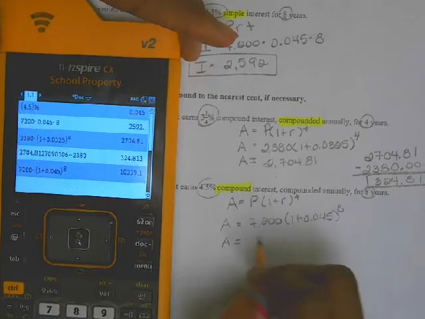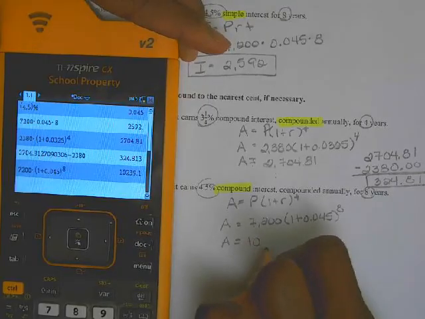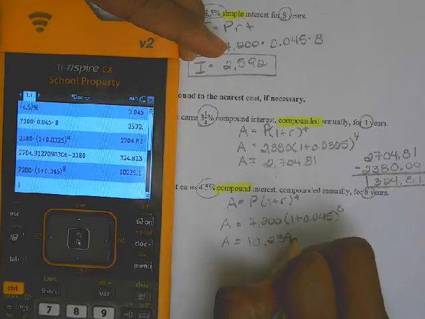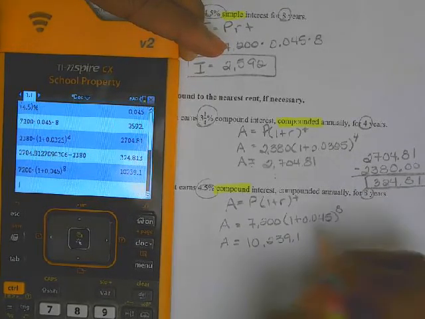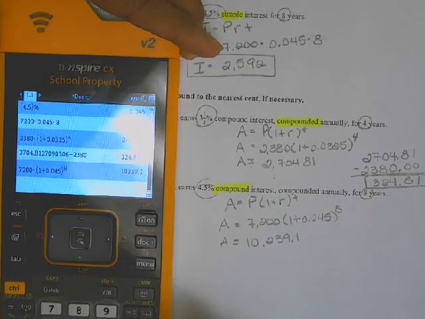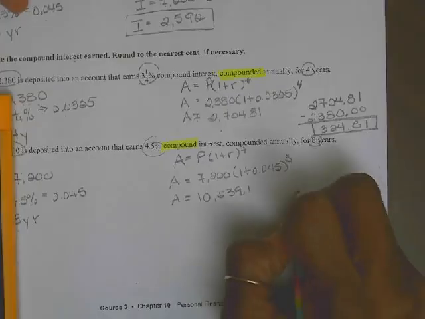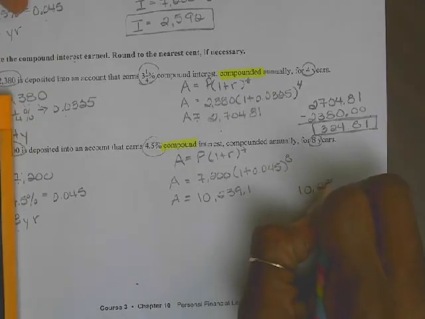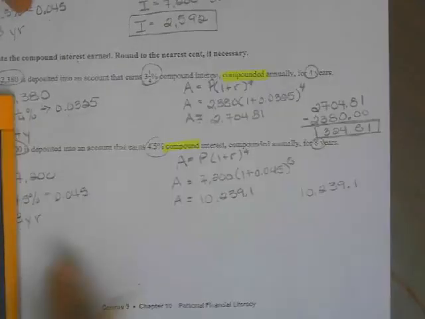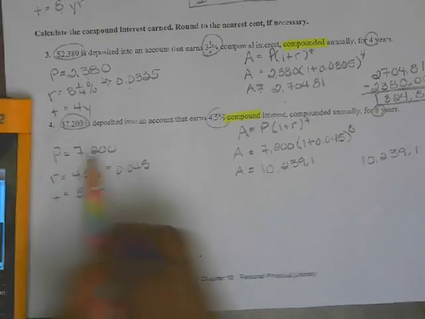and I get 10,239.1, so basically 10 cents. But remember, that is not my answer. Once I have that, that's the account balance. I need to go back and subtract that initial amount.